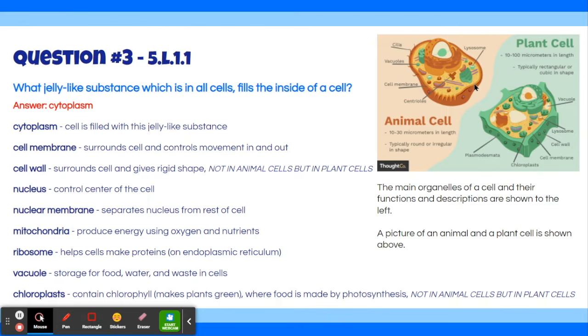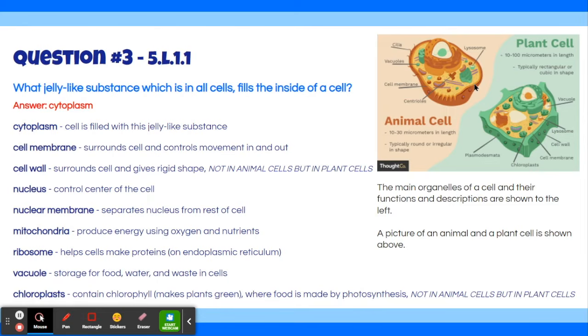A nuclear membrane separates the nucleus from the rest of the cell, so it's in its own little bubble. The mitochondria produces energy using oxygen and nutrients. The ribosomes help cells make proteins on the endoplasmic reticulum. The vacuoles are basically storage closets for food, water, and waste in cells.